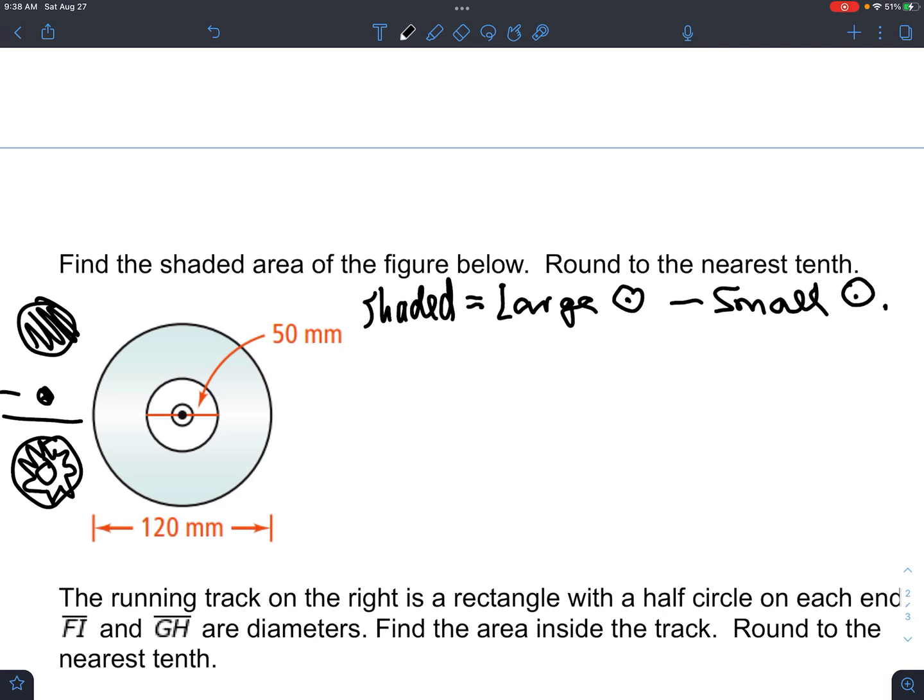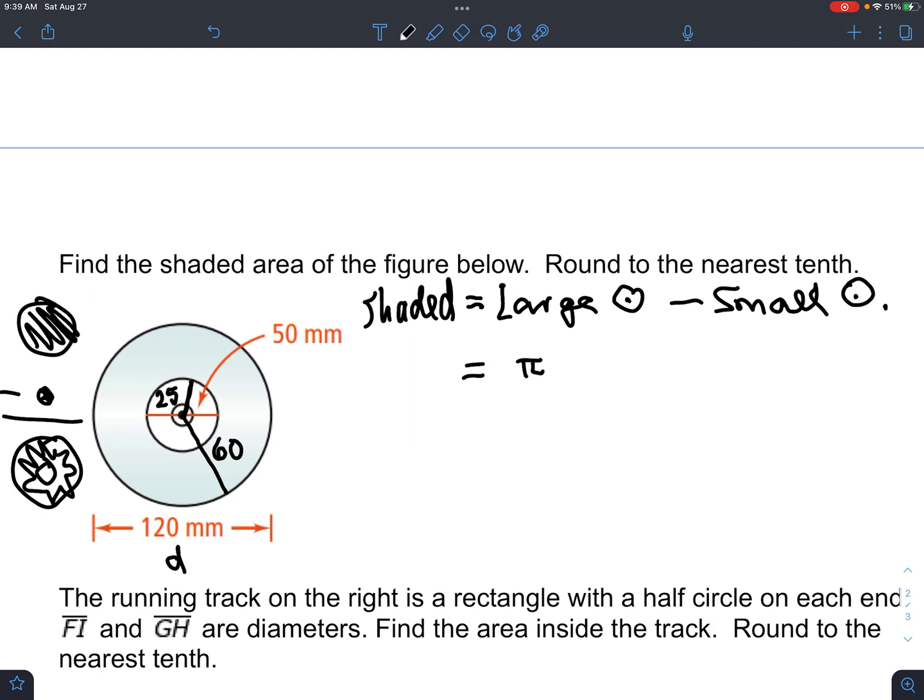So what's the large area? Well, the distance across, this is called the diameter, is 120, but the radius would just be 60. And this radius here would be 25.